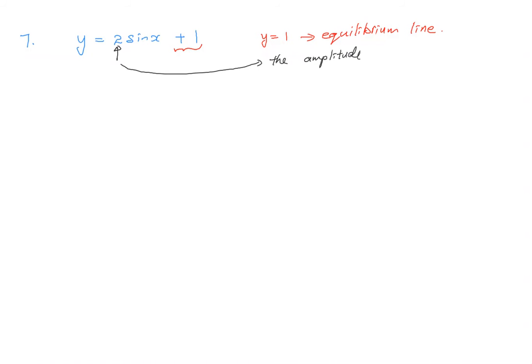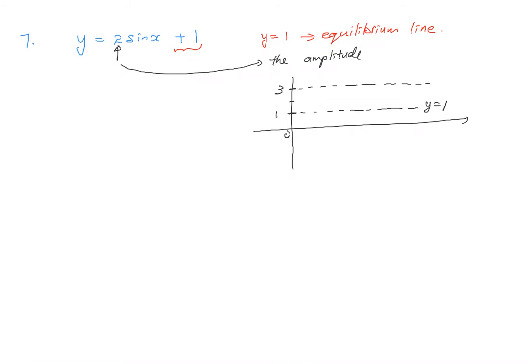Okay, I'm going to explain this from the graph point of view. So now, this is your 1, y equal to 1, correct? So the amplitude, 2 units up, so here is 3. That means your y will not go beyond 3.